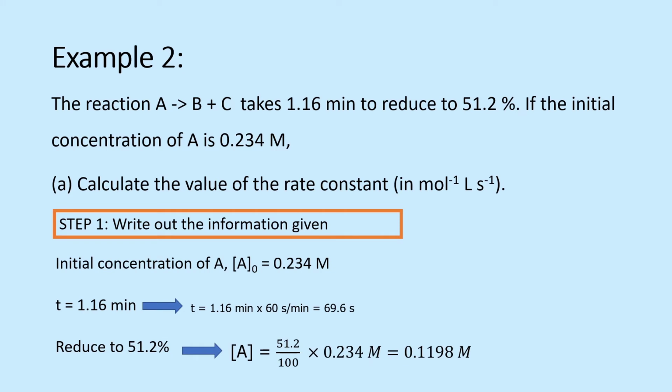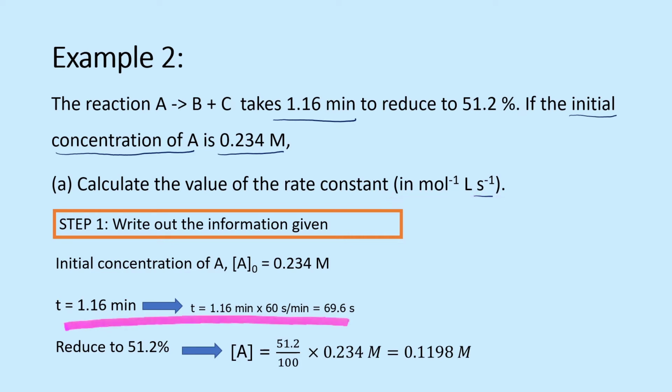The first piece of information is the initial concentration of the reactant A, which is equal to 0.234 molar, and also the time of reaction, which is 1.16 minutes. We need to convert it to seconds because the unit of the rate constant given is per second.